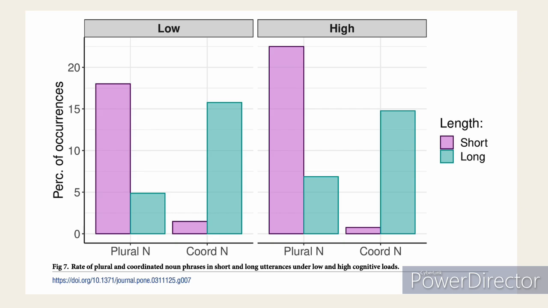Overall, these figures support the core hypothesis of the study, that sentence length and cognitive resources jointly influence language structure selection.